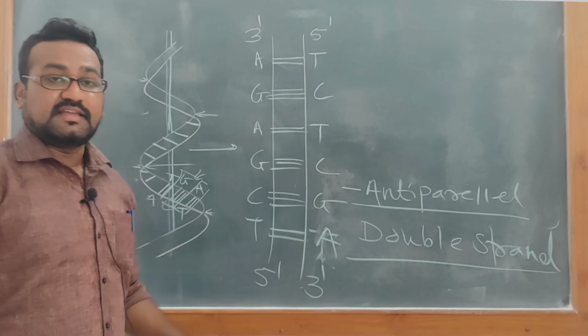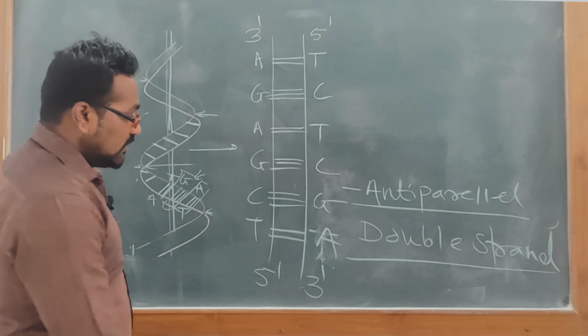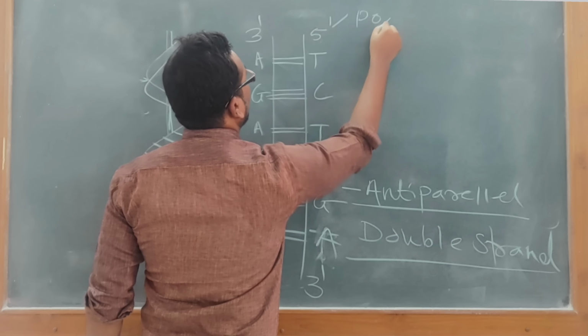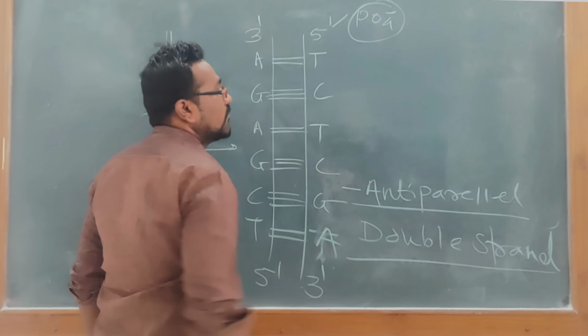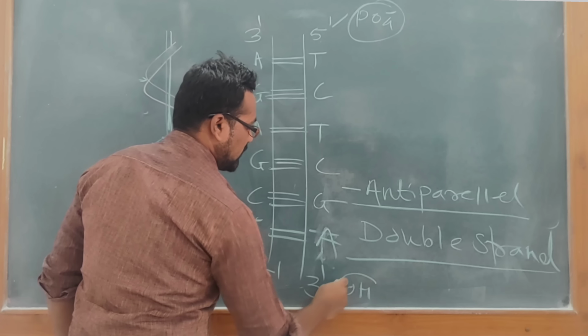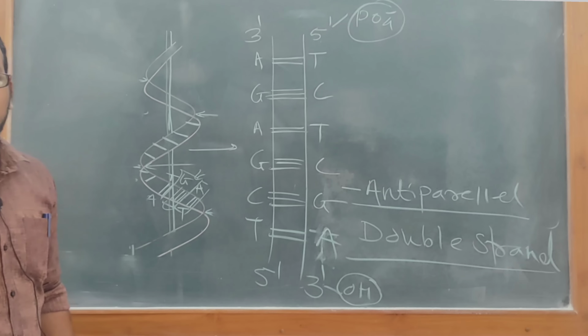In a double stranded DNA, 5 prime end always contain free phosphate group, 3 prime end always contain free hydroxyl group.